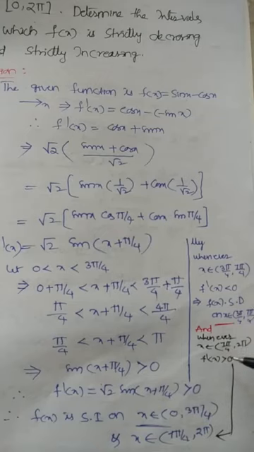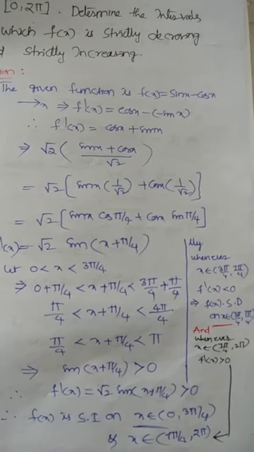Okay, I had written it directly for you to practice, how we would get f dash of x less than 0 in this interval and f dash of x greater than 0 in this interval.